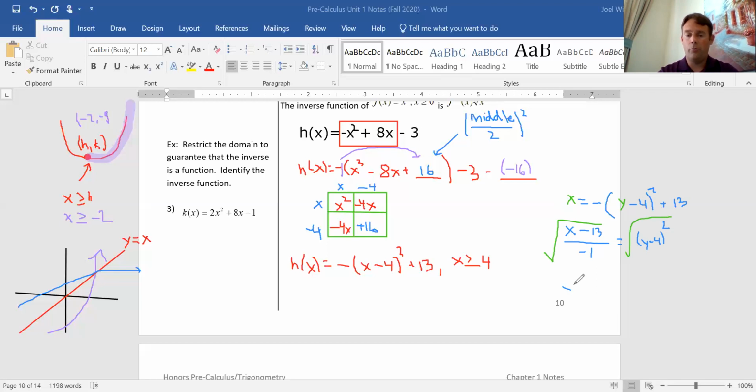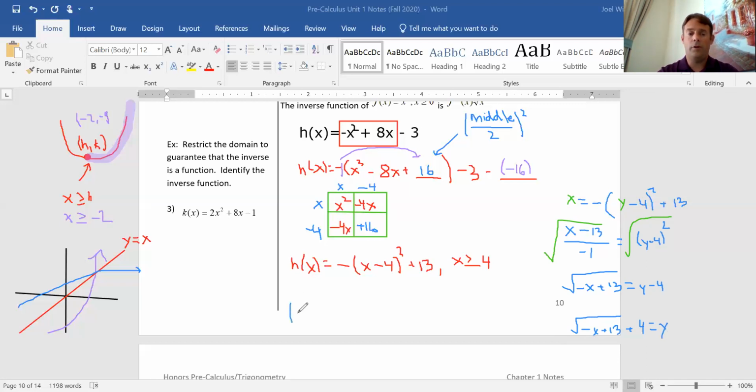So I get the square root of -x plus 13, and that is y minus 4. And that's the square root of -x plus 13 plus 4 equals y.